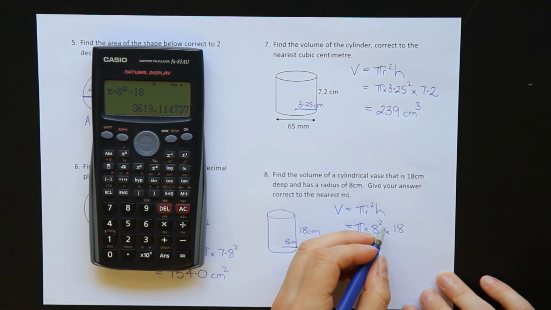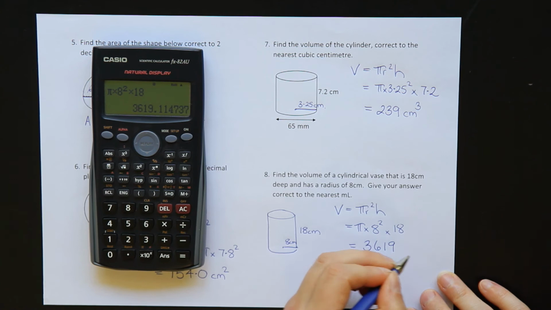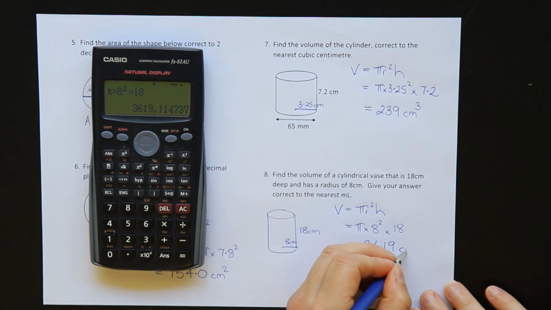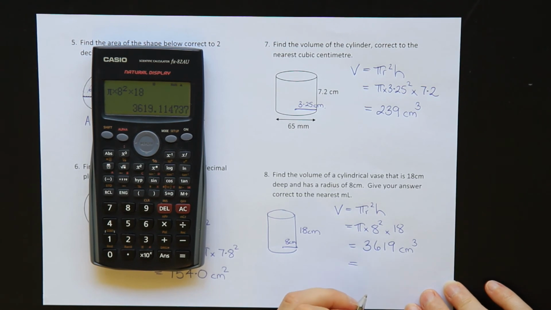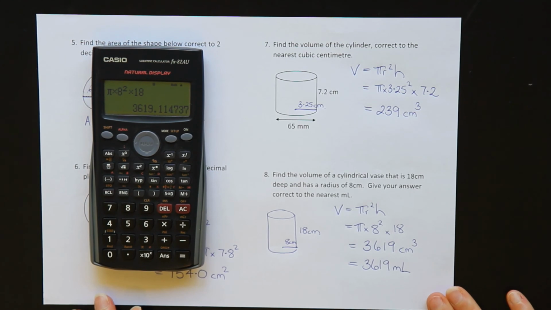It says to the nearest mil, we can round that to 3,619. Now that is centimetres cubed, but we learned that centimetres cubed are the same as millilitres, so that's the same as 3,619 millilitres.